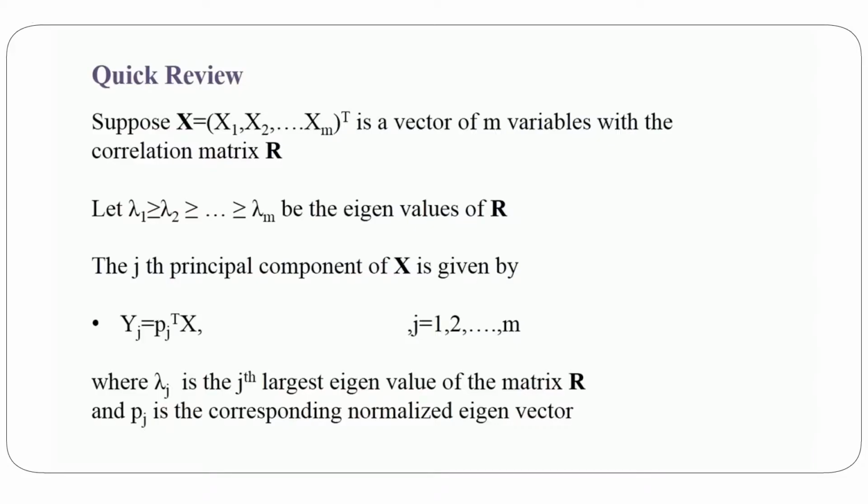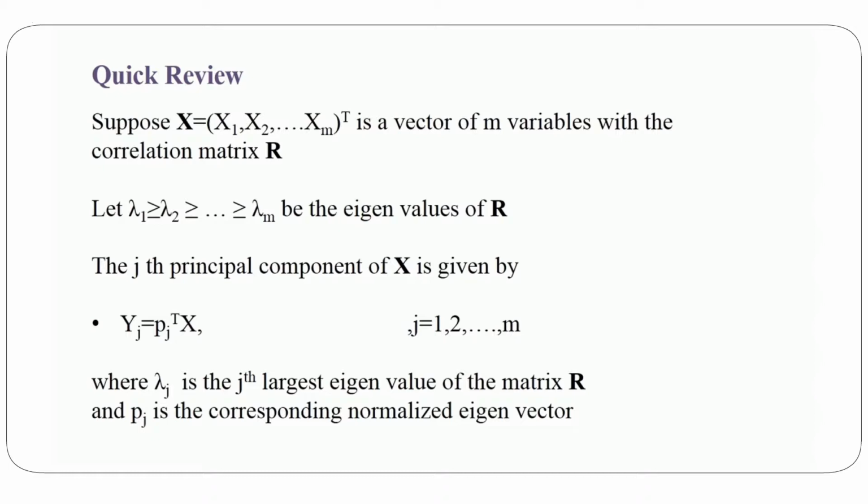So, let us have a quick review of principal component analysis. For a more detailed description, one can refer back to the previous modules about the theories on principal component analysis and the results.